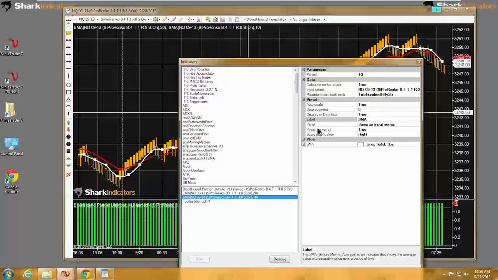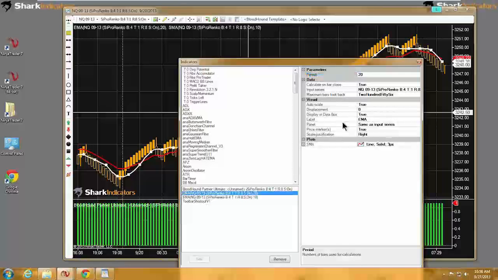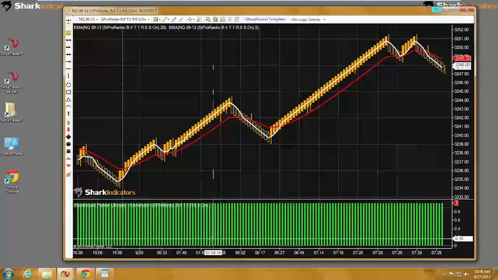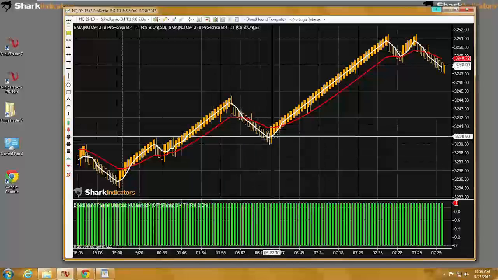I want even more signals than this. Actually, I'm going to approach this even simpler.